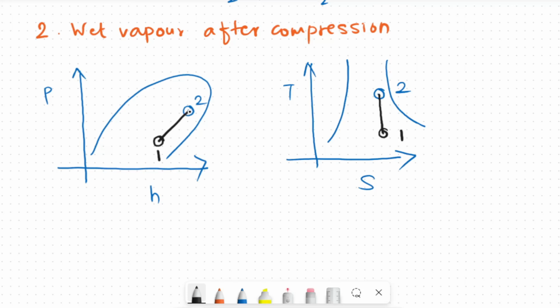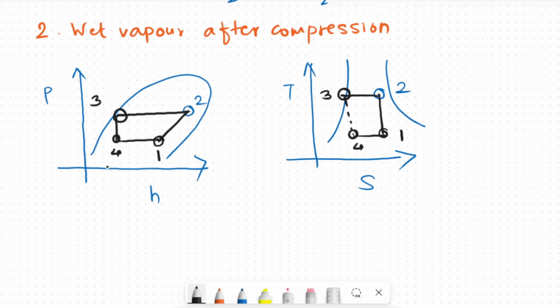Then the process of heat rejection or condensation, 2 to 3, like this, and isenthalpic expansion, 3 to 4, and heat absorption.